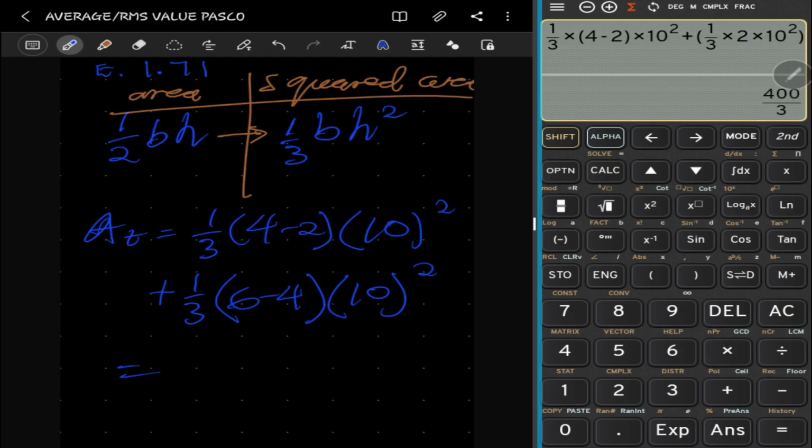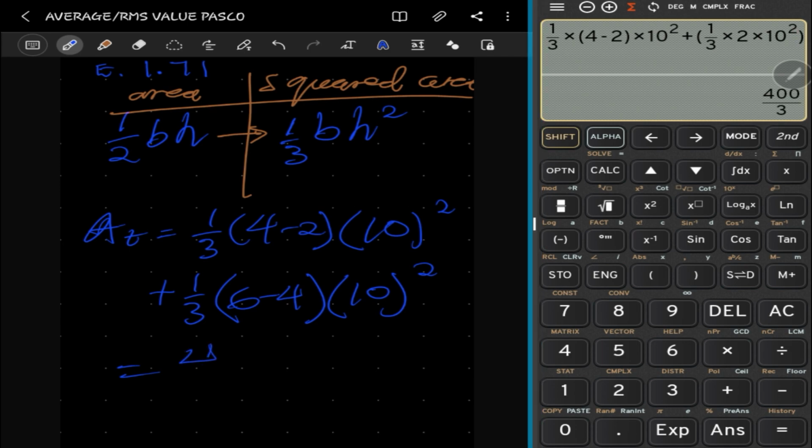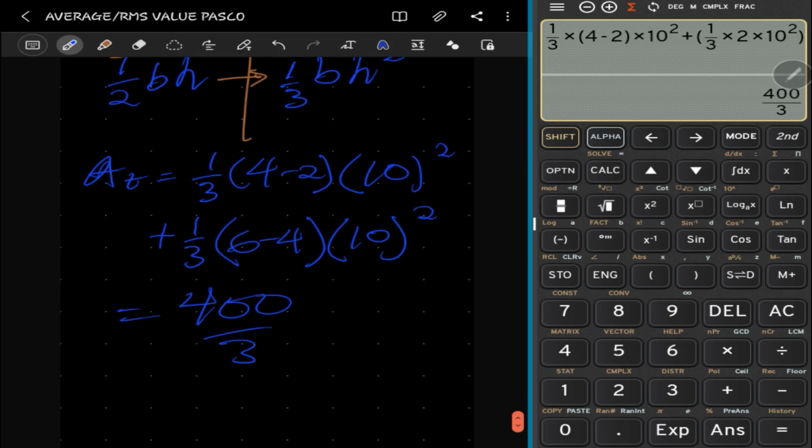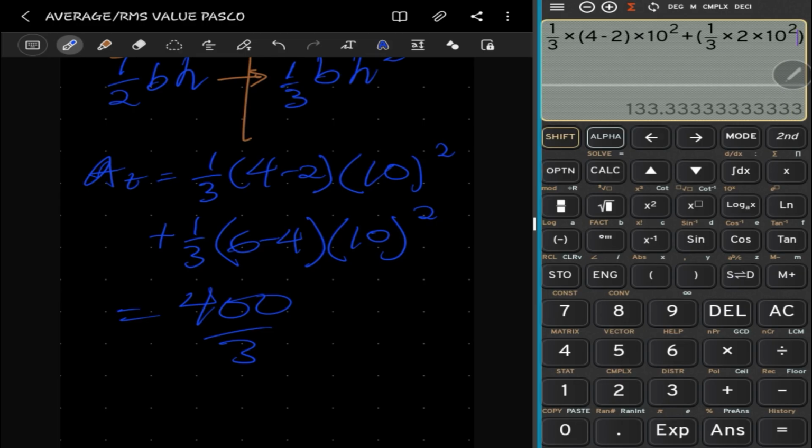That gives us a total area of 400 on 3. Let's keep it as 400 on 3.